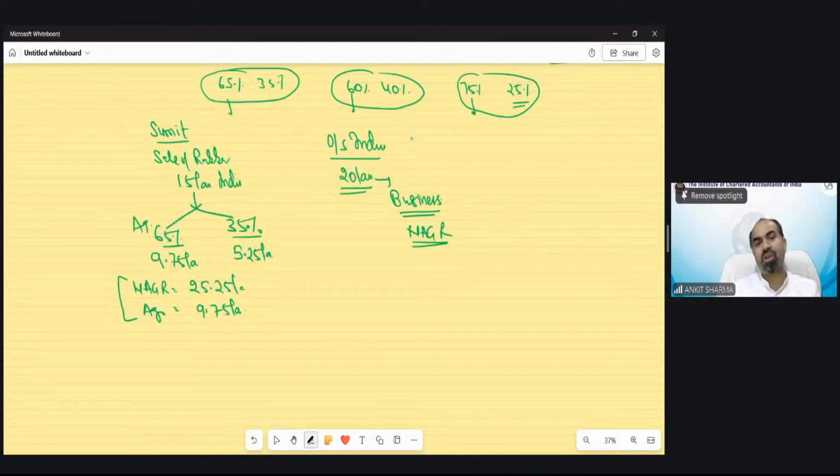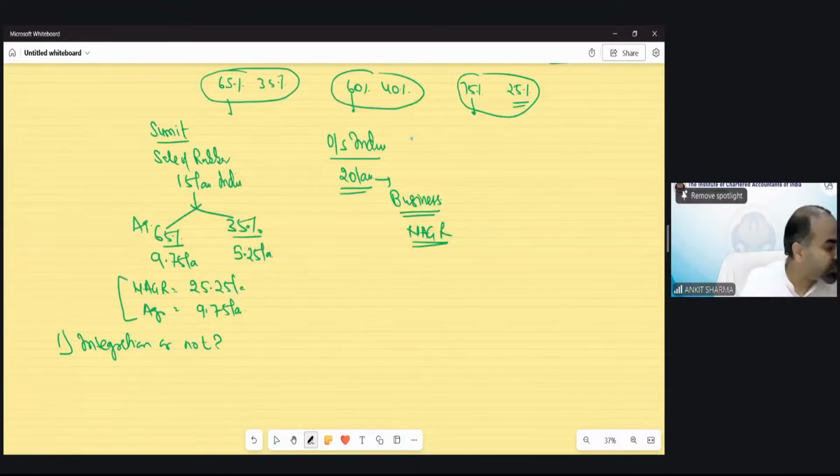Now suppose, this is a very easy question, but why am I trying to solve it? Suppose in this question I ask you whether the integration provision would be applicable or not, whether the tax needs to be calculated as per the integration provision or not. Suppose the question is about Mr. Sumit.